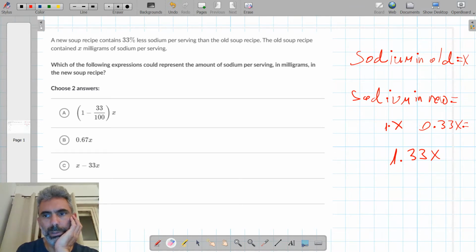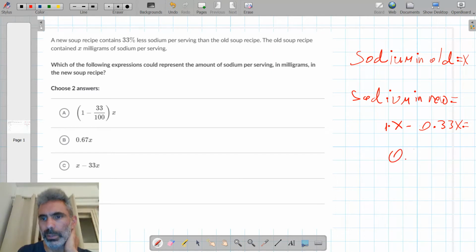So this is 1x minus 0.33x, so it's not 1.33x, it's the remainder. When we subtract 0.33 from 1, we get 0.67x.